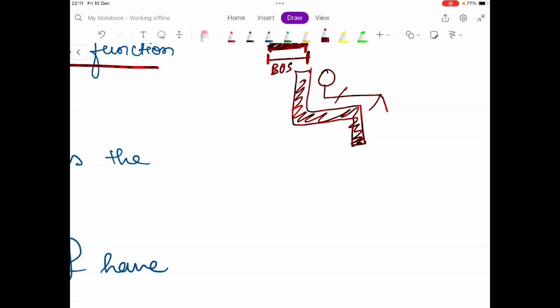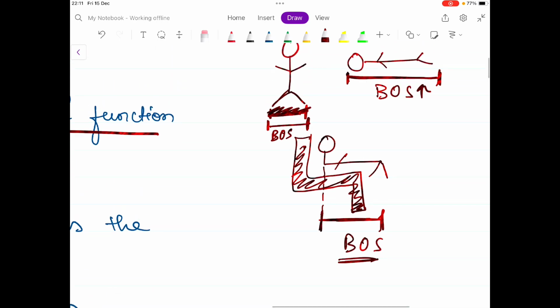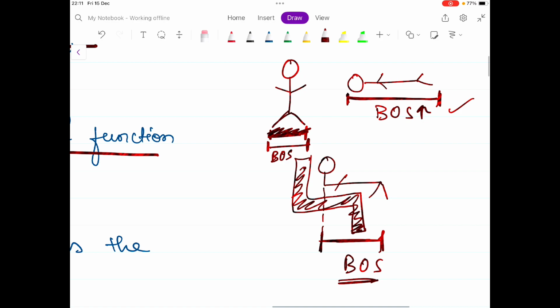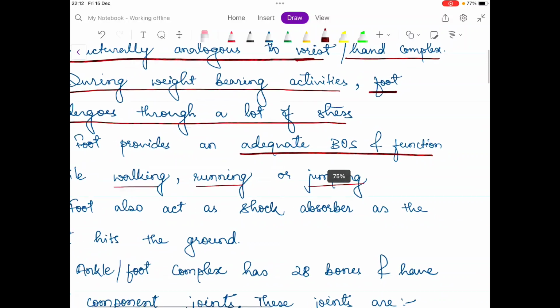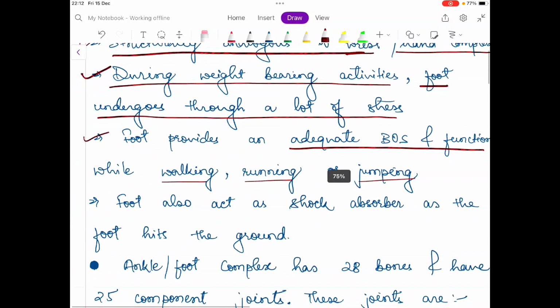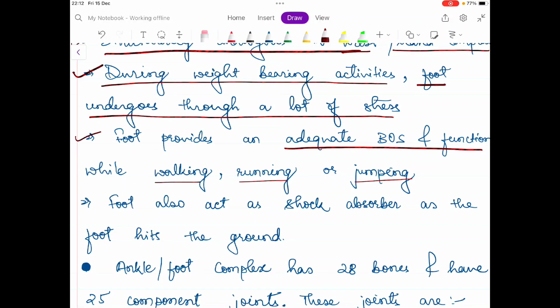But if they are sitting in a chair, the base of support will be from here to here. So the maximum base of support is during sleeping, but the minimum is during standing. And if you stand on one foot, there would be an even smaller base of support. The larger the base of support, the lower the risk of falling injury.